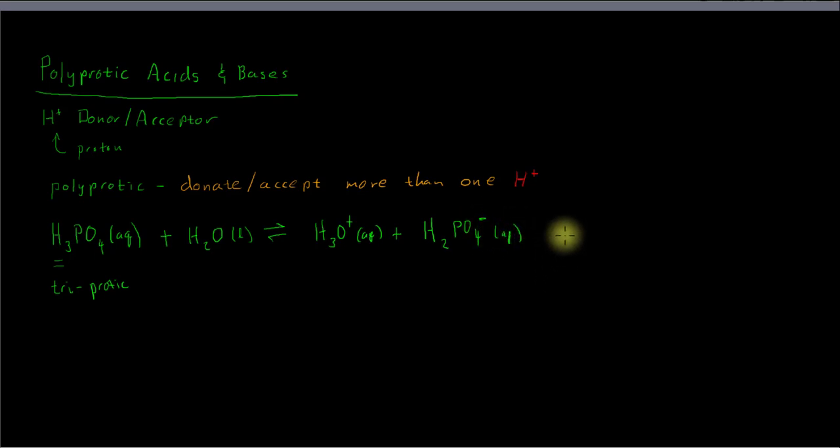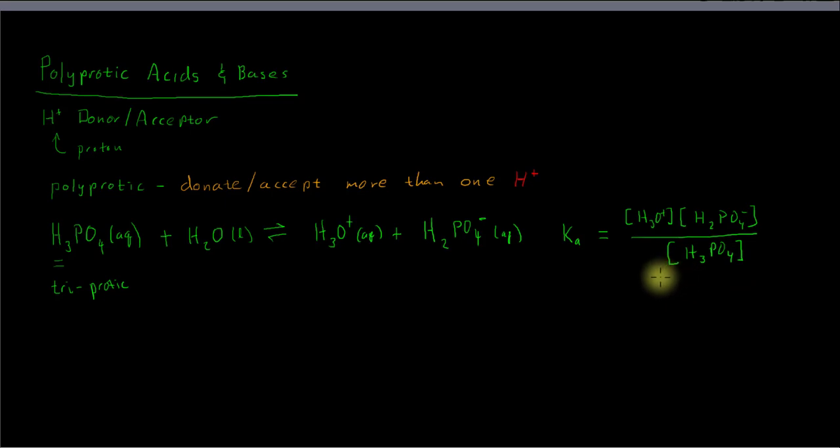And like usual, we can write down an equilibrium constant for this reaction. So a Ka for the acid dissociation reaction. And again, it's products over reactants, so it'll be the molarity of our hydronium ion, times the molarity of our dihydrogen phosphate anion, divided by the molarity at equilibrium of the phosphoric acid molecule H3PO4.